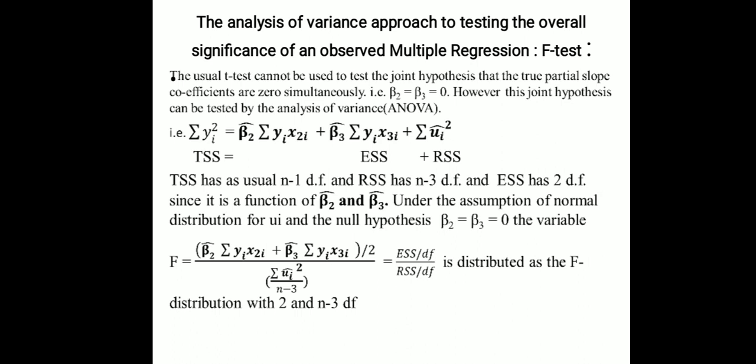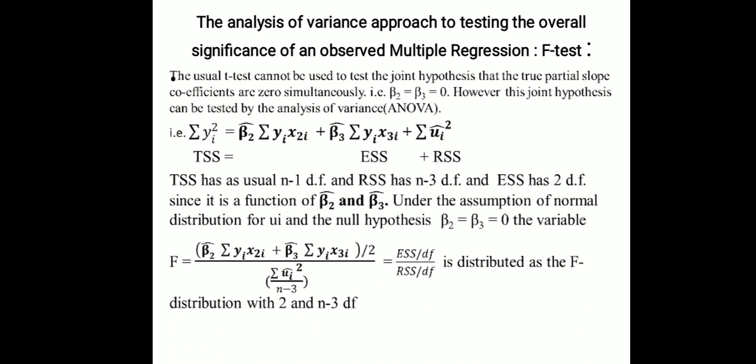The residual sum of squares is the sum of ui cap squared. TSS has the usual n-1 degrees of freedom, RSS has n-3 degrees of freedom, and the explained sum of squares has 2 degrees of freedom, since it is a function of beta 2 cap and beta 3 cap.